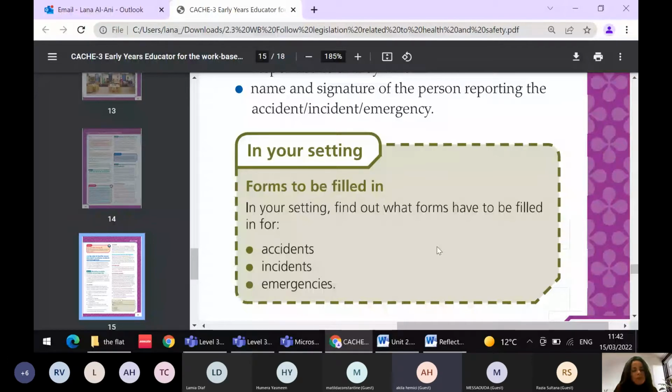Is this clear? Here you can put any example. Let us say an example of a child missing. So what would you do? I would say in my nursery, if there is any child missing, I follow the policy and procedure.